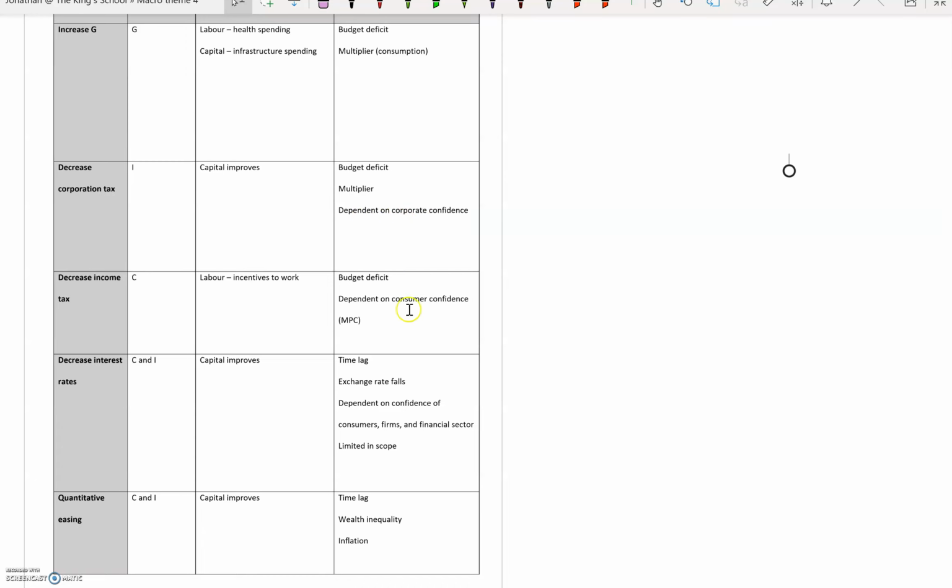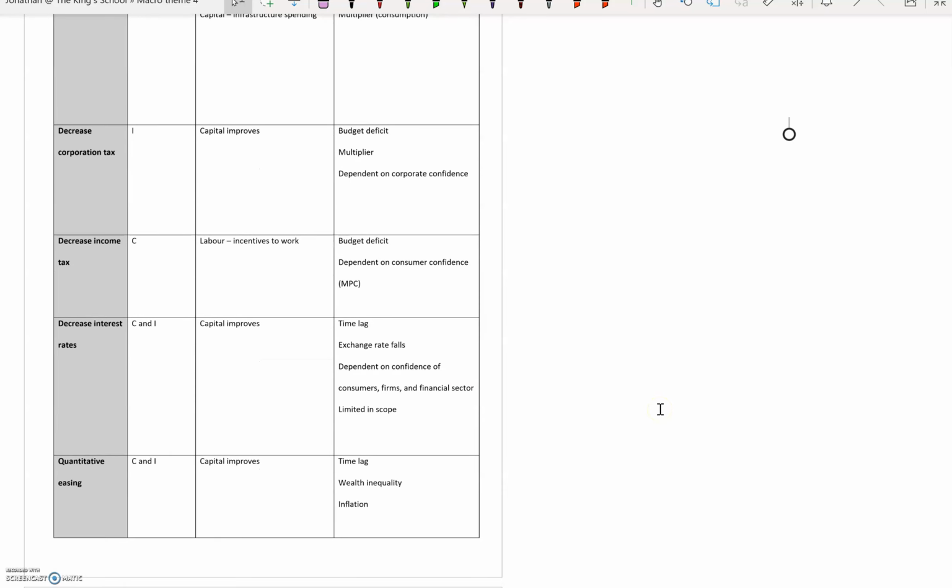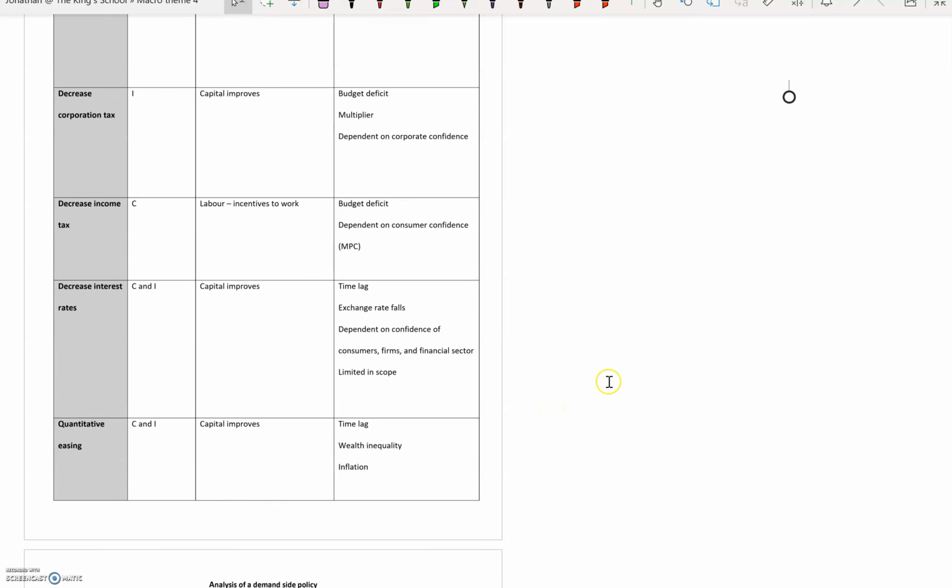So for corporation tax, for income tax, for interest rates, we're expecting the private sector, consumers and firms, to spend. And we're manipulating one variable and hoping that that will change their behavior. But what if everything else, the other variables that affect them, are negative, and they will be in a recession? So we will talk about that a little in the coming few minutes.